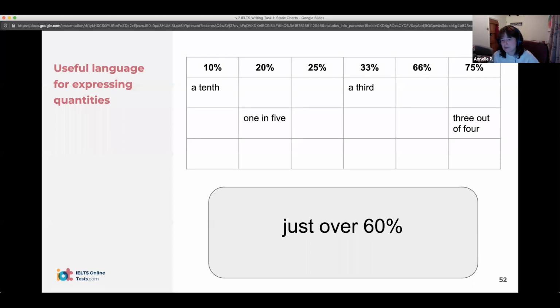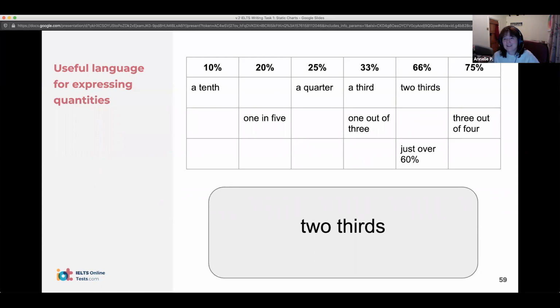Just over 60%. Okay, very good, 66%. The next one, it's got a 1, yeah, 33%. Okay. And then we have a quarter. Next one would be, okay, very good, so that's 66%.